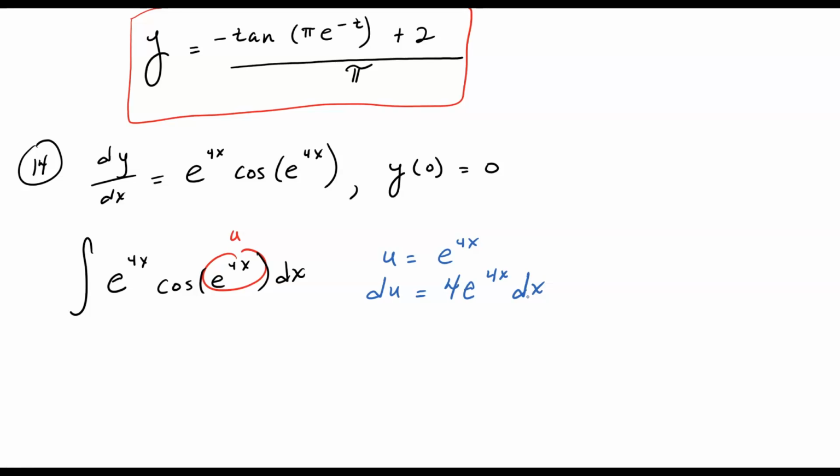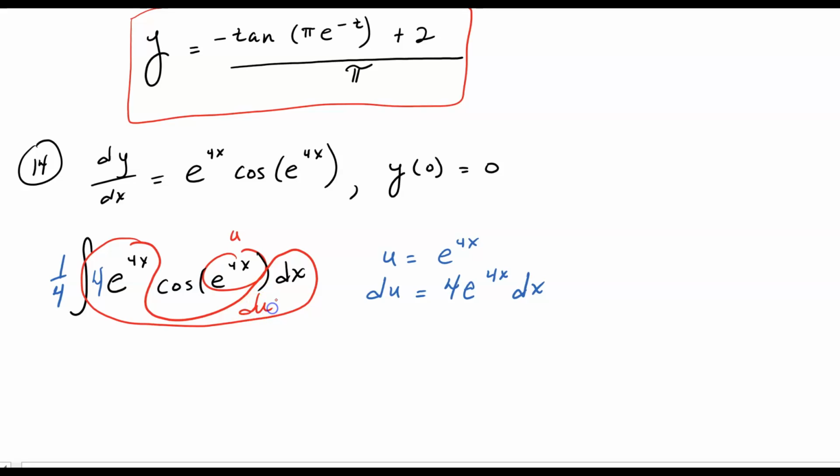What else do we need to do? Well, we are missing a 4, so I can make that 4 happen, but by consequence, I need a 1/4 on the outside. And so I've got my u ready, and I've got my du, and now I'm ready to integrate with substitution. 1/4 the integral of the cosine of u du.